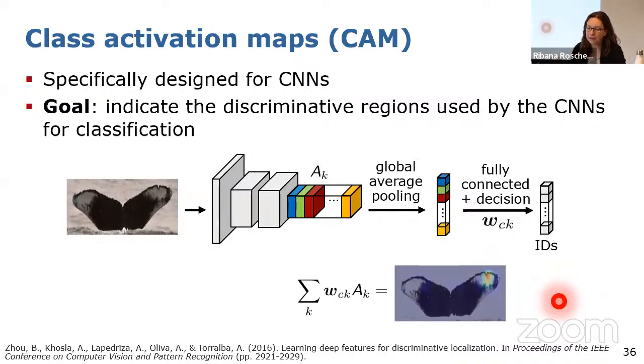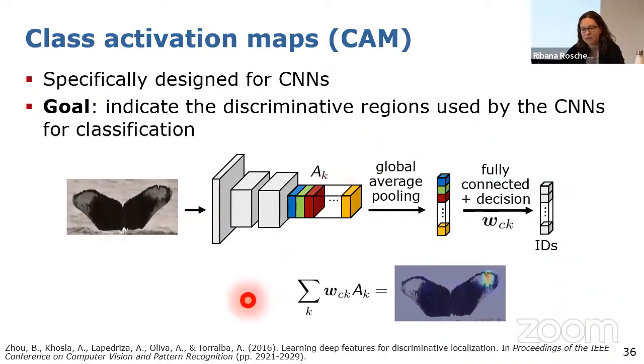And then a weighted sum of this vector is fed to the final decision layer, for example softmax or sigmoid. So all of these values which come out of the global average pooling are connected to the final decisions, and they are connected with a weight. And this is actually the weight w_ck. So c is the index for the class, and k is the index of the global average pooled values.